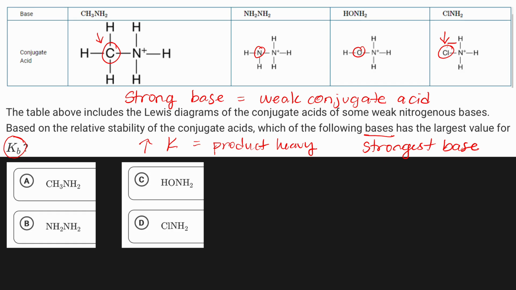So if we have a stronger pull of electrons from this chlorine, it's going to be much easier for this nitrogen to give up one of the hydrogens. So this one is going to be the strongest conjugate acid. And because carbon is the least electronegative, this one is going to be the weakest conjugate acid. Because we are looking for the weakest conjugate acid, since that points us to the strongest base, A would be the answer for this question.